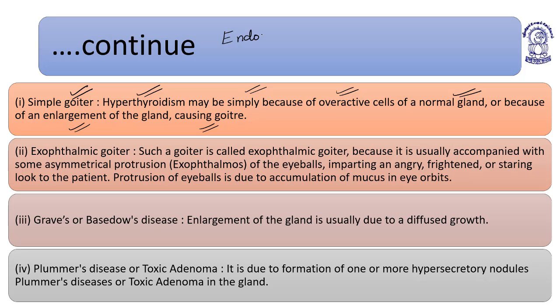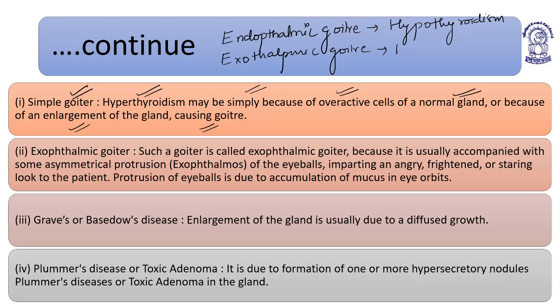One is endophthalmic goiter, which is because of the condition of hypothyroidism, and exophthalmic goiter, which is hyperthyroidism. Endophthalmic goiter is a goiter in which the levels of iodine decrease, which further decreases the levels of thyroxine, and that is why the size of the gland increases.